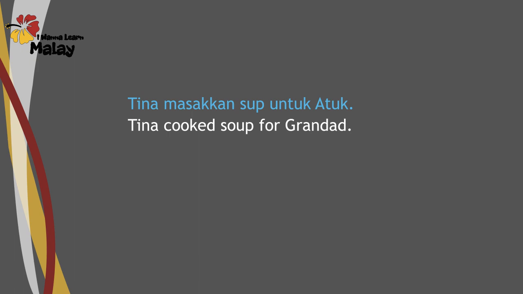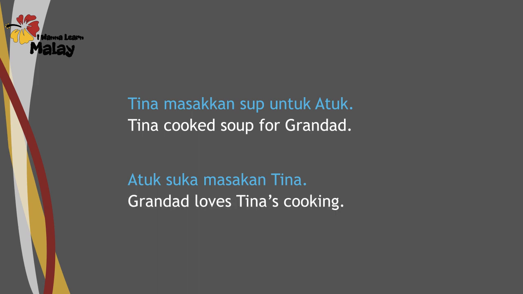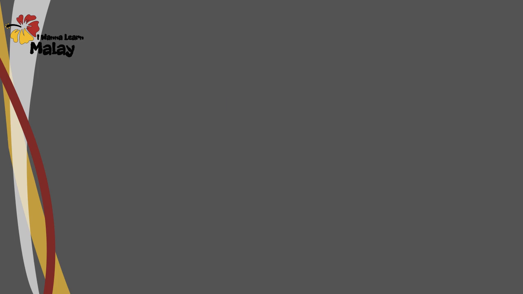It's different from Atuk suka masakan Tina. This means Grandpa loves Tina's cooking. So masakan is a cooking or a dish. Masakkan is to cook on behalf of or for someone.